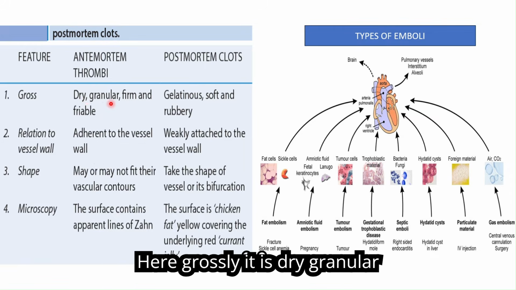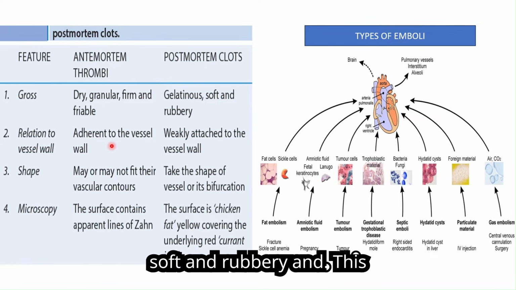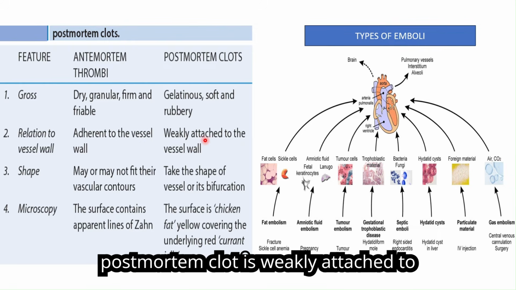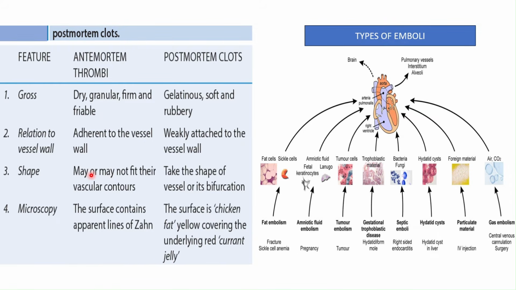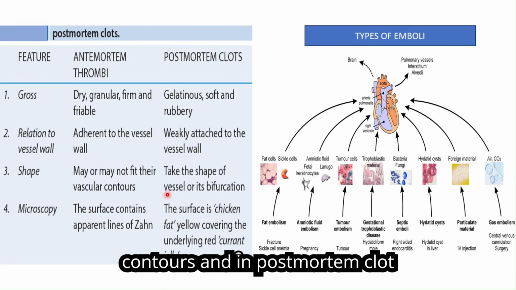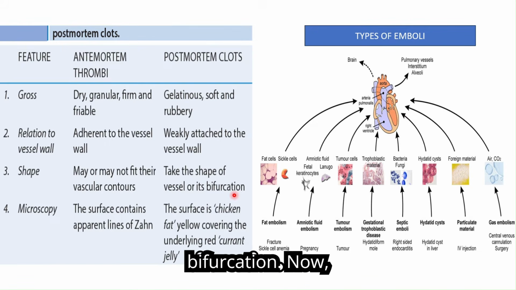Here grossly it is dry, granular, firm and friable. Here it is gelatinous, soft and rubbery, and this is adherent to the wall, while postmortem clot is weakly attached to the wall and easily removable. As to shape, it will not fit the vascular contours, while postmortem clot takes the shape of the vessel or bifurcation.